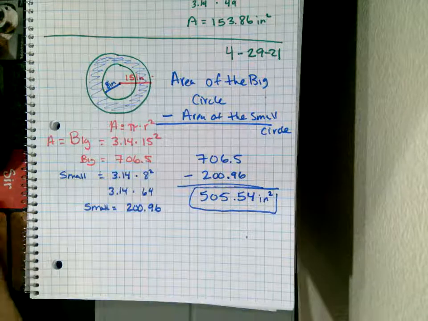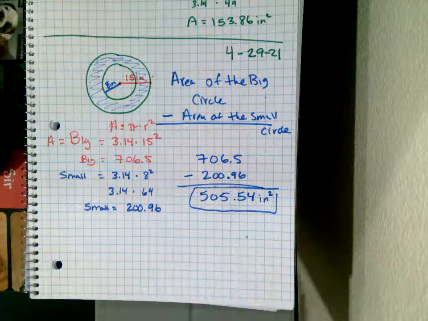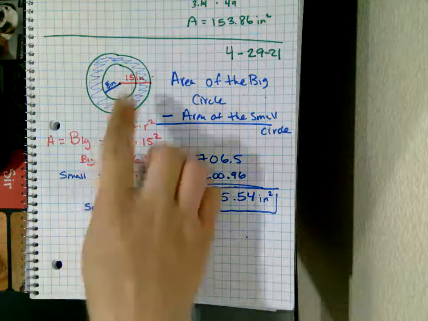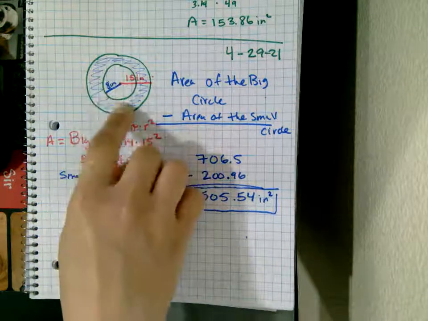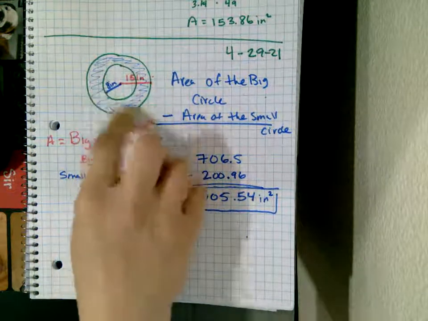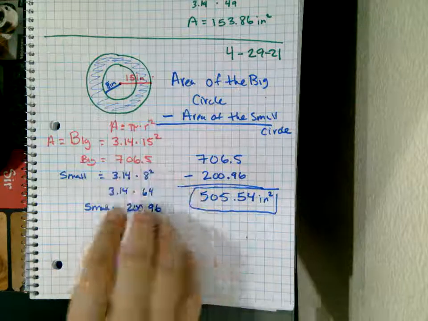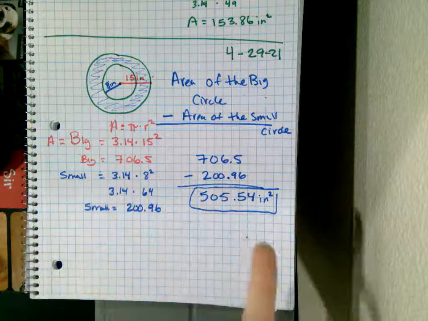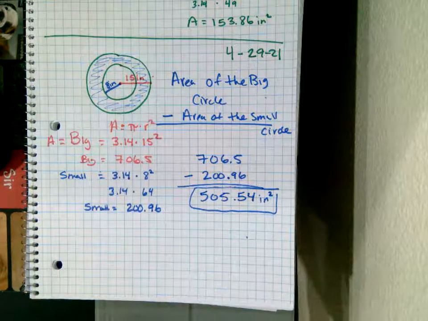So again, if you're given a problem with a circle within a circle and they're asking what is the area of the outer part, you do the area of the big circle, subtract the area of the small circle, and that's what you end up with.